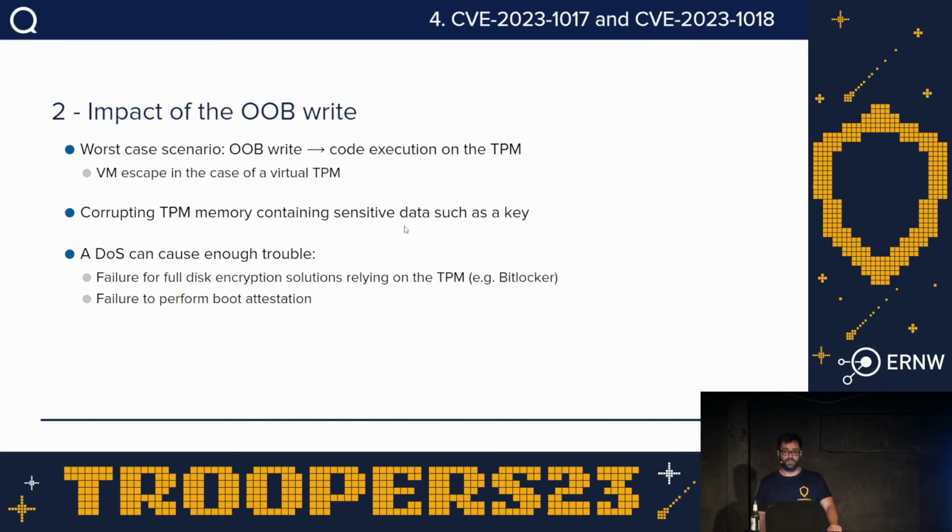Because if you manage to crash the TPM by using this, you can maybe make BitLocker or another full disk encryption solution fail if it cannot access the key because the TPM is not responding anymore. And if you're using your TPM to perform boot attestation, if the TPM is not available when booting or rebooting, it will fail to do that.